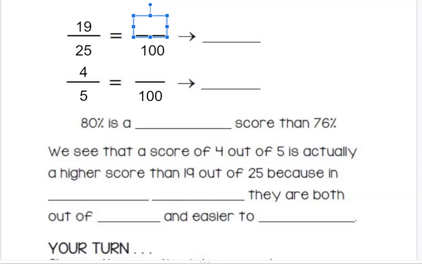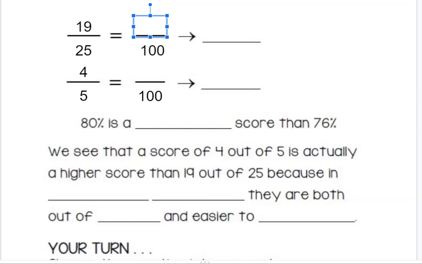Or we could use the fact that when you have a proportion, your diagonal cross products have to be the same answer. So we could do 19 times 100 has to be equal to 25 times the missing number, and set that up like a simple equation, solve that and find that missing amount.